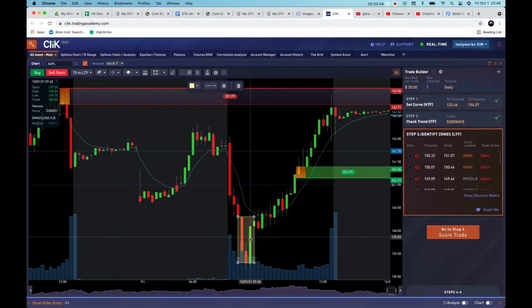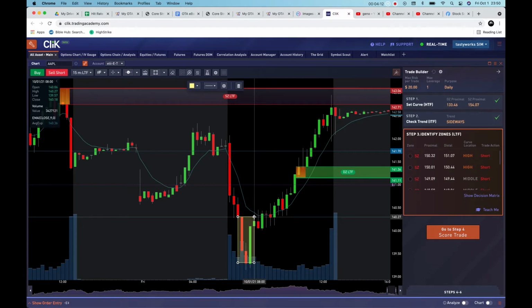This long candle here would be the leg out. This long candle here would be the leg in. And this would be our one single basing candle. Okay? So these two candles extend the range of this candle here. And this candle is our one individual basing candle.